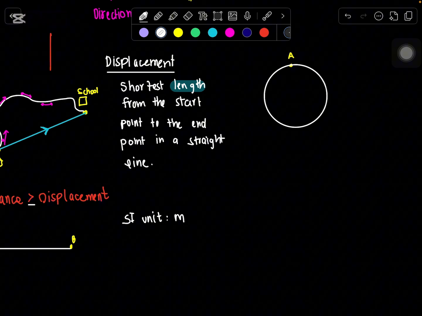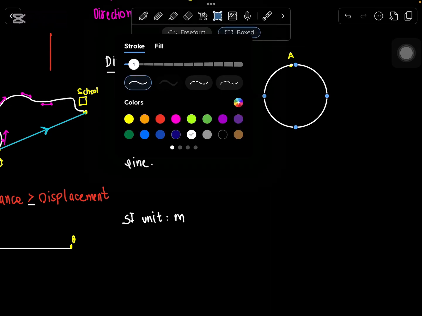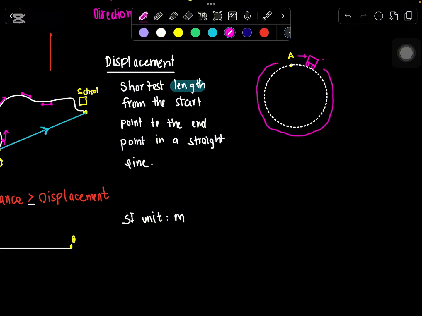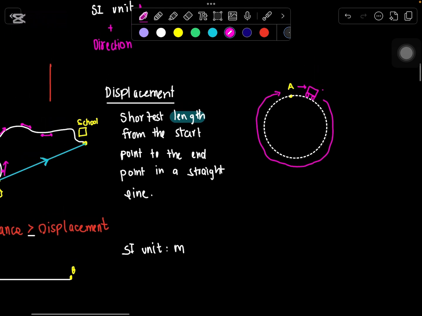All right, let's say we have a circular track and a car is traveling on this track. The car started its journey at A and then it traveled all the way on this track and reached point A again.